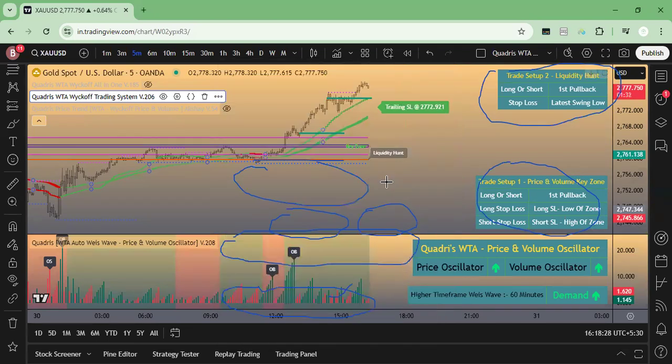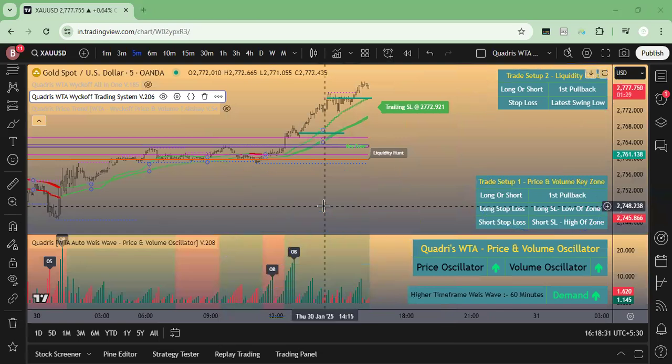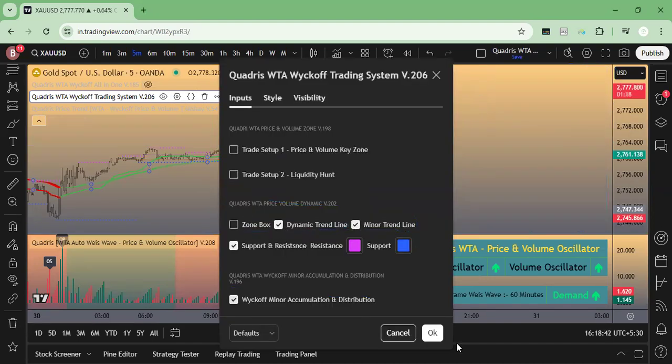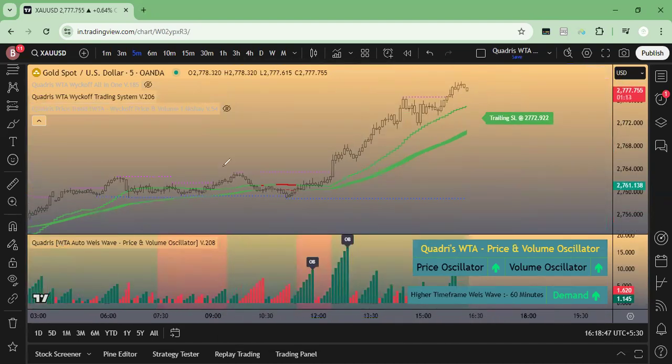This would be a very small session, between 5 to 10 minutes. First, I'll speak about support and resistance. What is support and resistance? It is meant for people who don't know how to identify swing highs and swing lows.